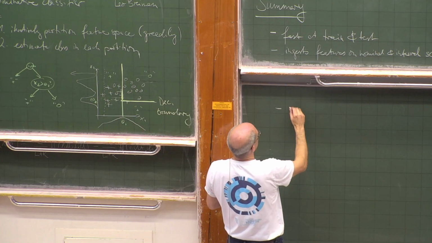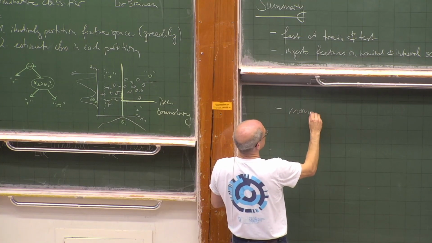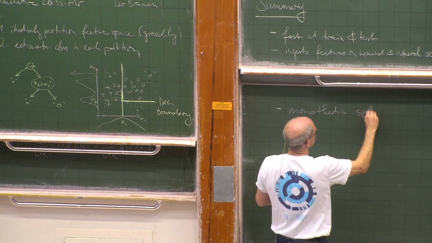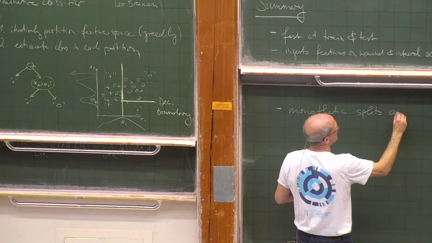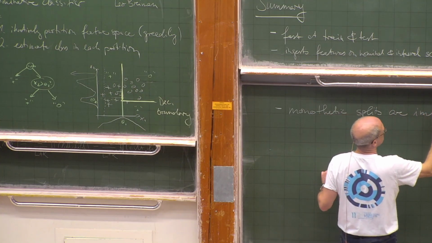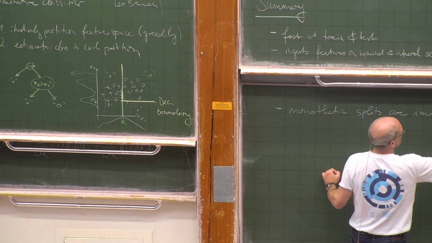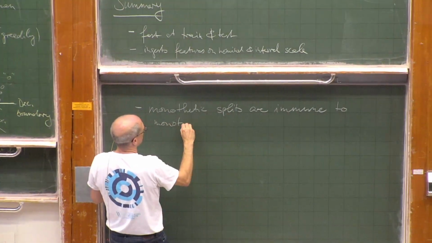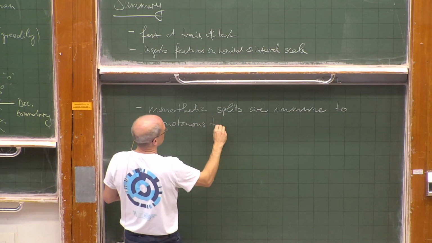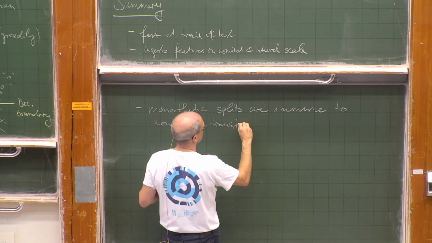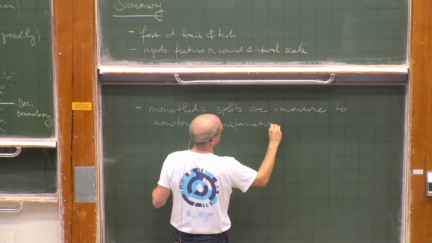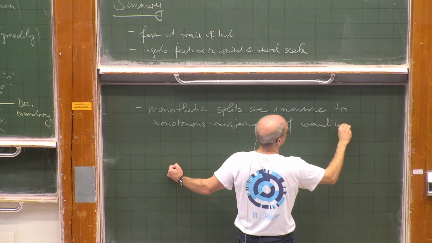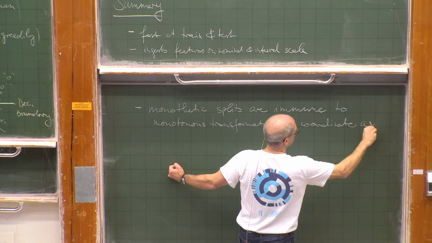So these splits along single axes, which are also called monothetic splits, are immune to monotonous transformations of the coordinate axes.